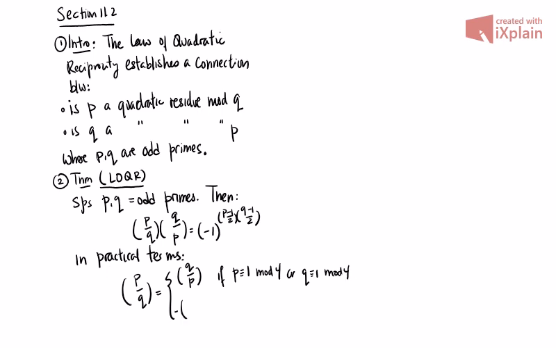And it's negative q over p if p is congruent to 3 mod 4 and q is congruent to 3 mod 4. So in other words, if either is congruent to 1, you can just flip it. And if both of them are congruent to 3, then you have to negate it when you flip it.